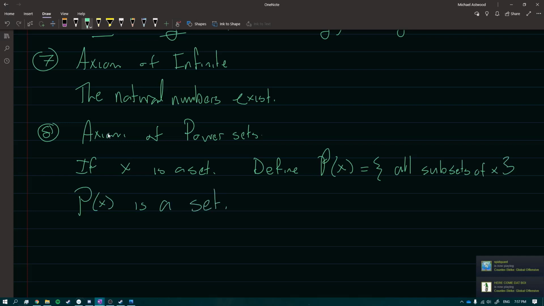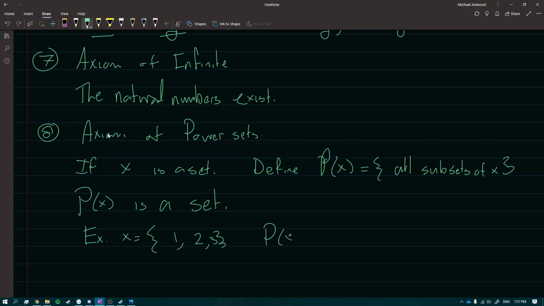So this is useful. Here's an example. Let's say {1, 2, 3}. This is a set. Then the power set of this has the empty set in it, it's got {1}, {2}, {3}, {2, 3}, {1, 3}, {1, 2}, and {1, 2, 3}.